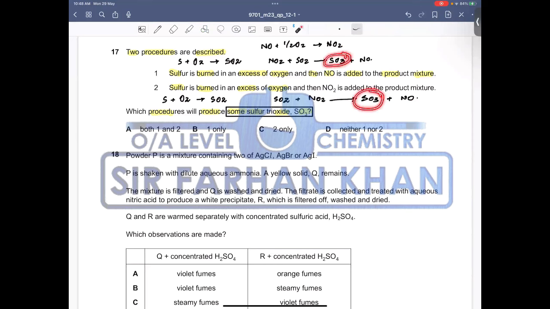From this I can find the sulfur trioxide, which means that from both statement 1 and statement 2 I'll get some amount of sulfur trioxide. I think A is going to be the right answer. All right.